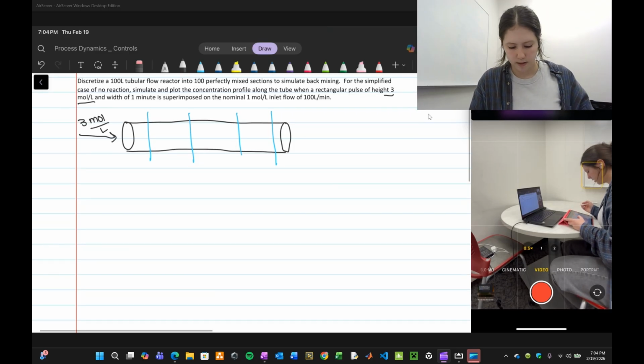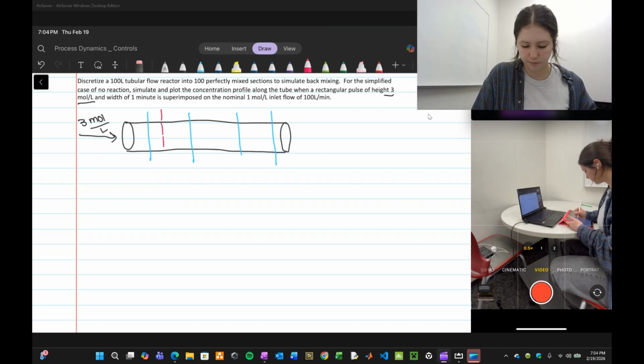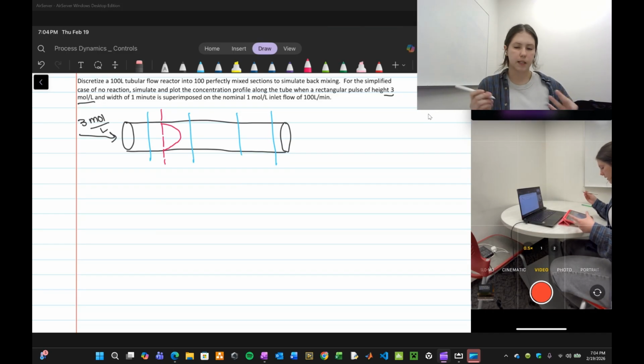The way we're going to simulate back mixing is, well, we need to look at the velocity profile. We know that the velocity profile in this tube is going to be this shape here because the liquid that is against the walls of the tube is going to be experiencing friction.